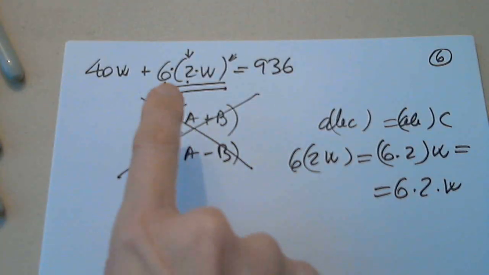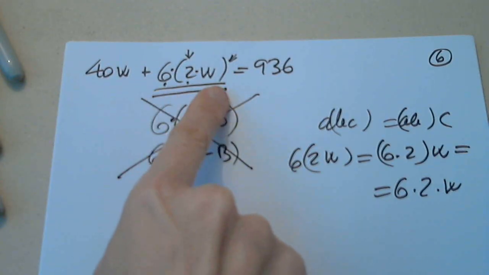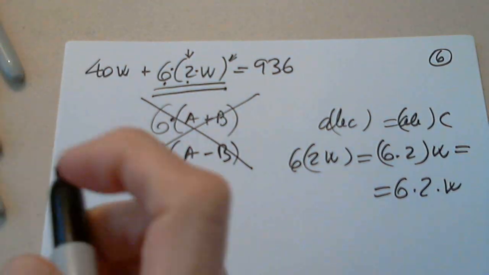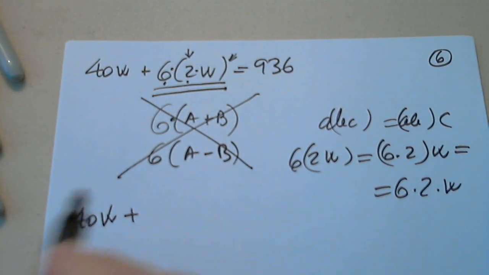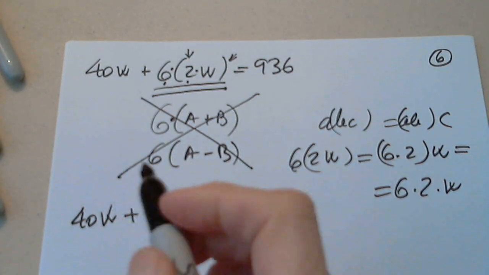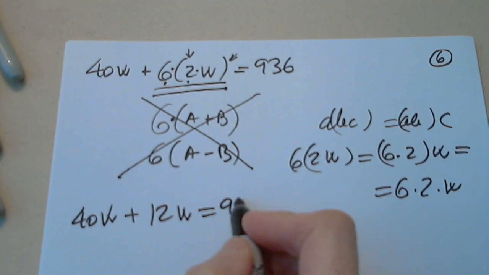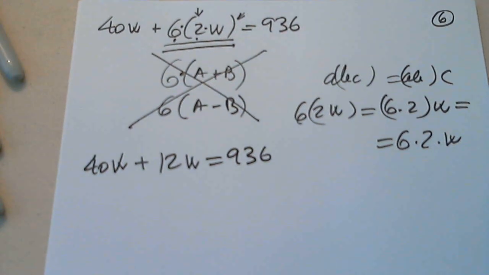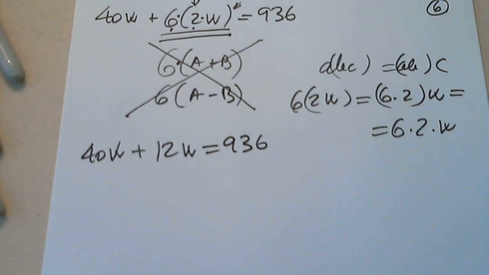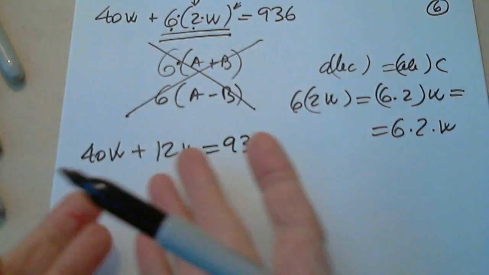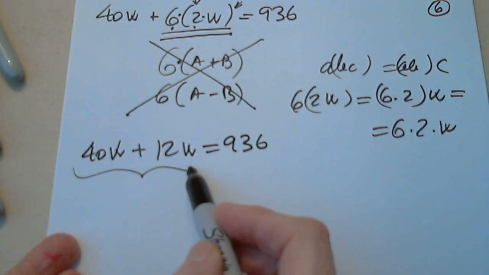Good. So, what will this term become? So I have the 40w, 12w. Good. Now I have to add like terms. Don't try to move these terms anywhere because they are like terms.